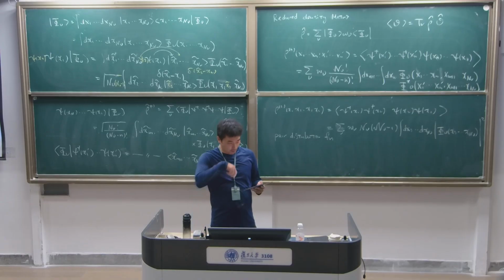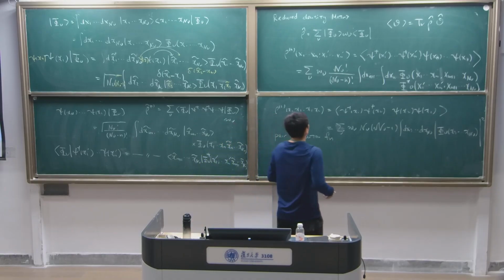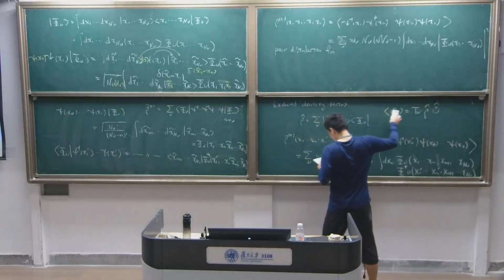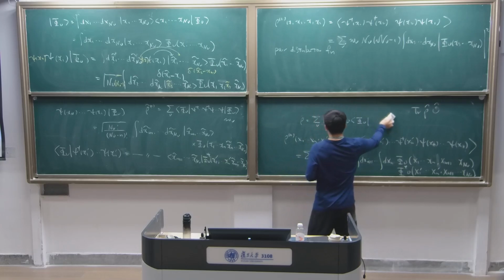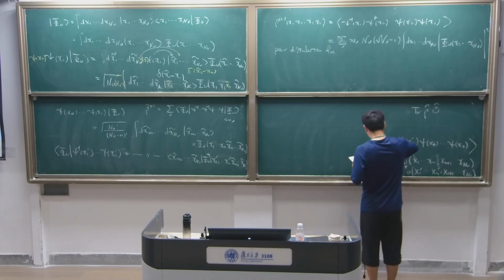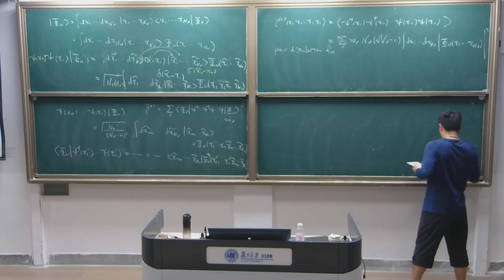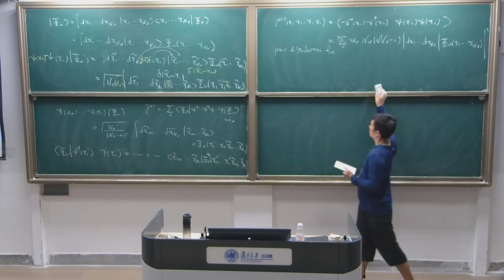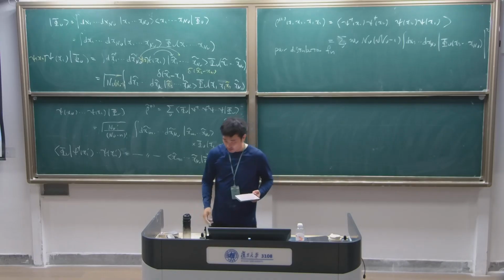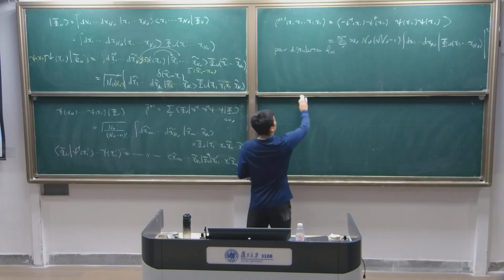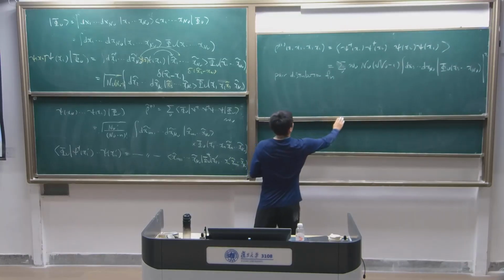So to derive that, we need to use the so-called Bloch-De Dominicis theorem. So this is another way of saying Wick's theorem, actually. Okay. So we are going to compute this quantity from now.